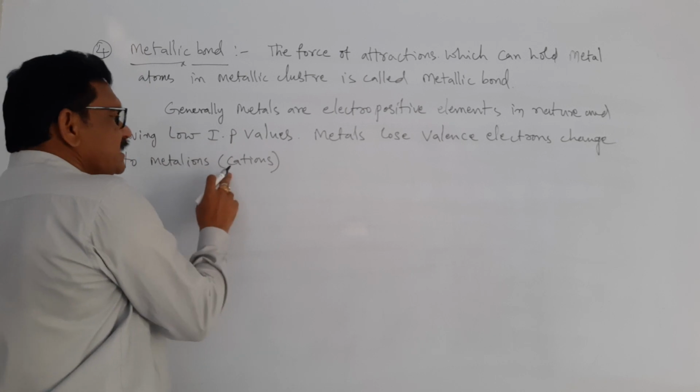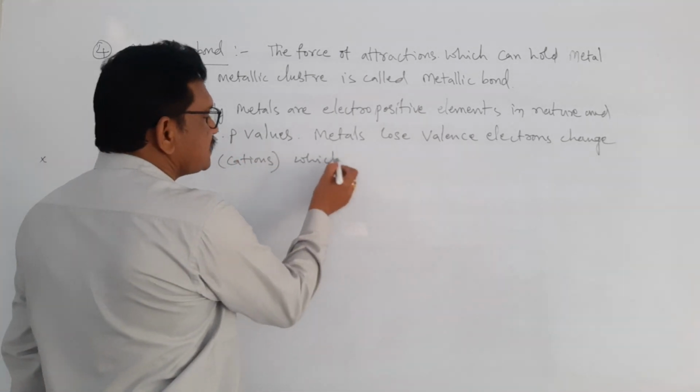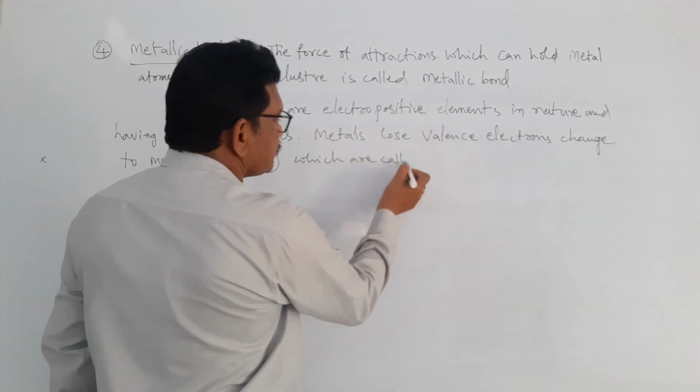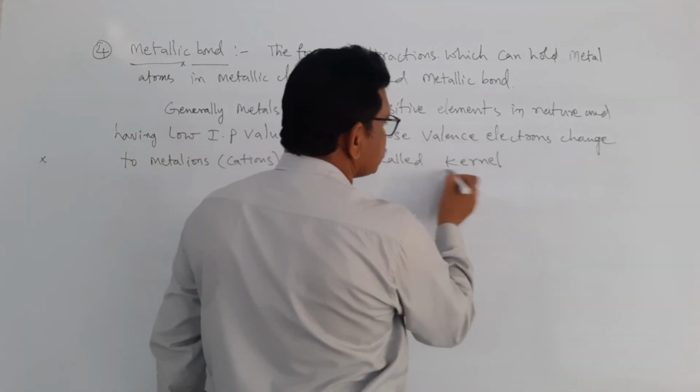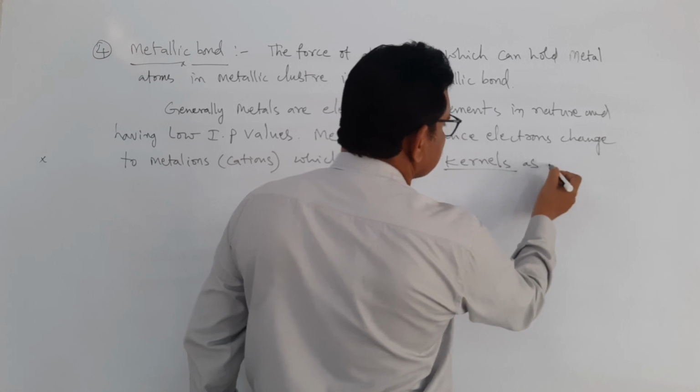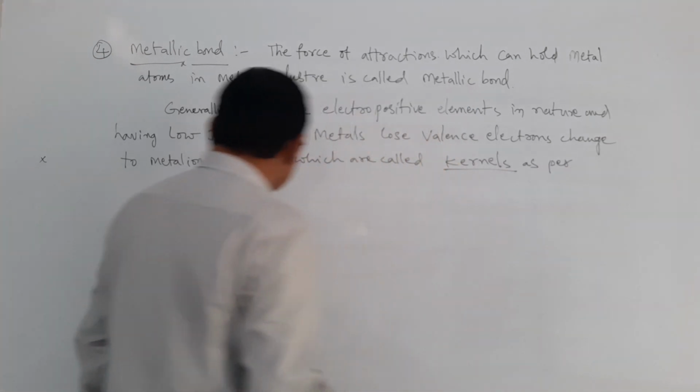These metal ions are called kernels as per the electron sea theory, also called electron pool theory.